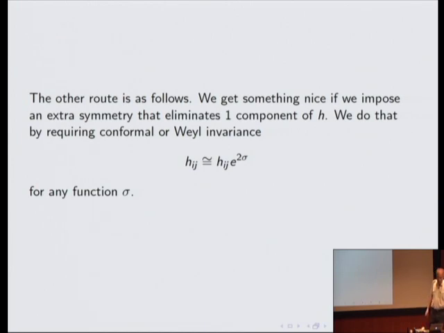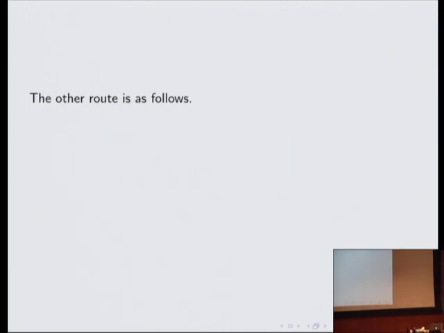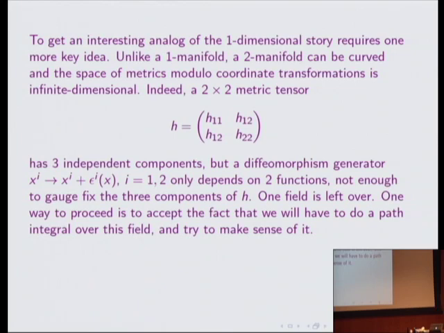So if h is subject to that kind of equivalence, then only two of the three functions in h are independent. For example, we could use this equivalence to impose a constraint on h that its determinant is 1, leaving only two independent functions. And the two independent functions are what can be eliminated by a diffeomorphism.